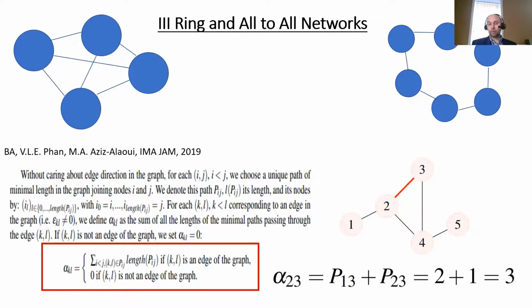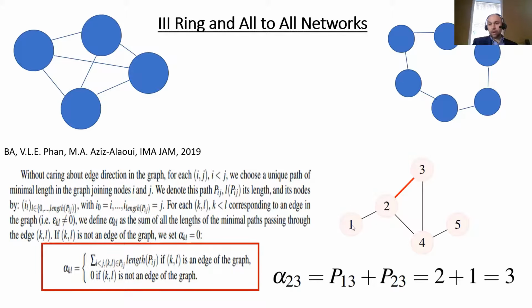Now, for each edge in the graph, I will define this coefficient alpha KL as the sum of the length of all the minimal paths going through this edge. For example, here, alpha 2, 3, how many minimal paths do I have?